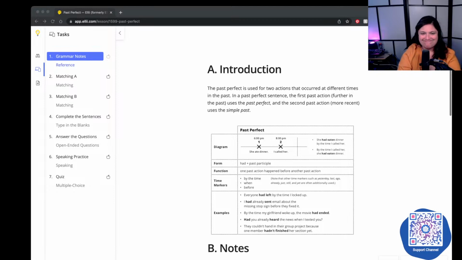All right. So the past perfect, my friends, is used for two actions that occurred at different times in the past.